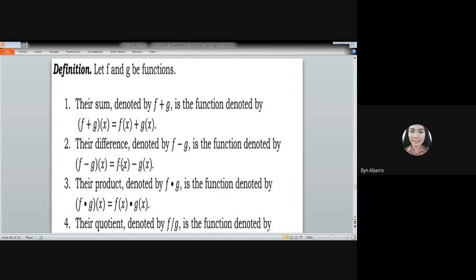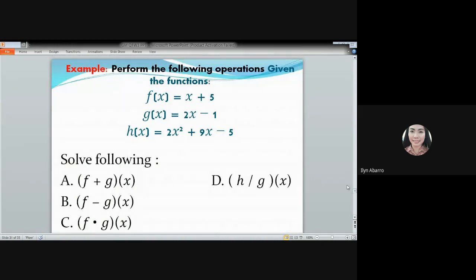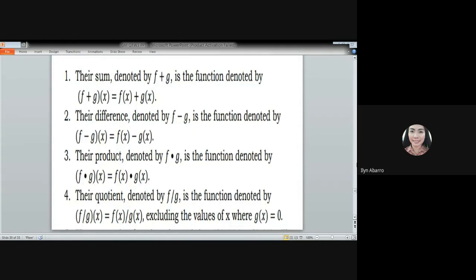So, kapag subtraction, f minus g of x, magiging ganito siya, f of x minus g of x. Okay, let's proceed with the product or the multiplication of functions. Kapag multiplication, f times g of x will become f of x times g of x.